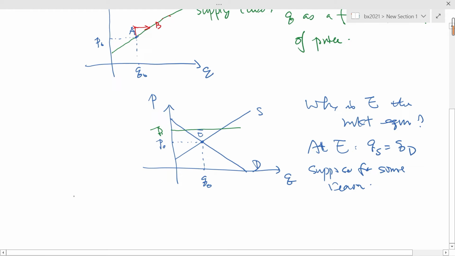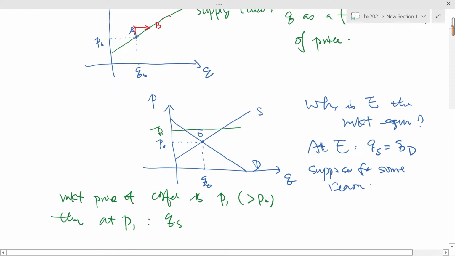So the market price of coffee is, say, P1, which is bigger than P0. Then at P1, the associated quantity of supply, we go from P1 to the supply curve, is this many.